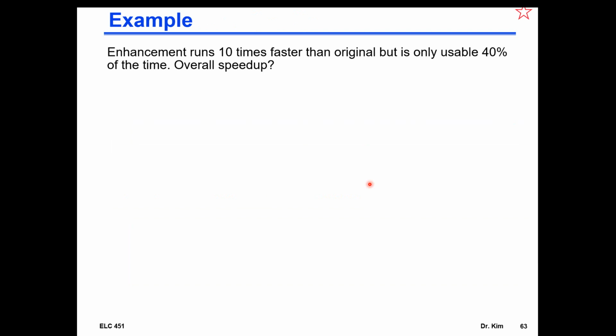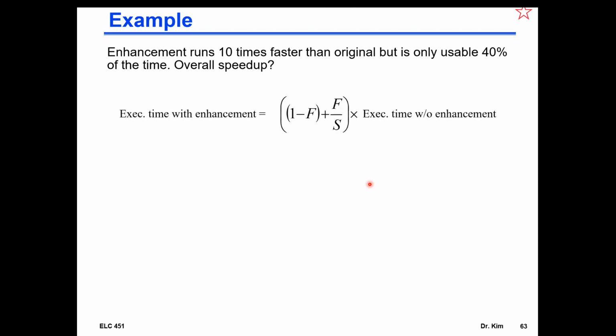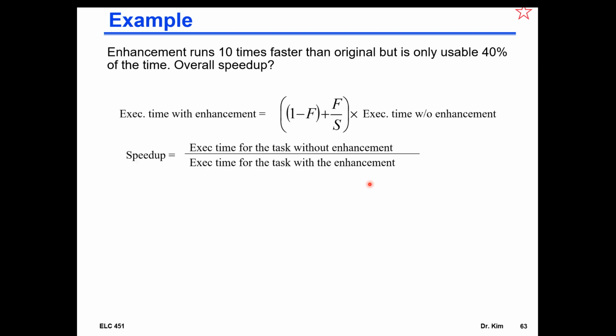So some examples related to Amdahl's Law. Let's say that an enhancement runs 10 times faster than the original, but is only usable 40% of the time. What is the overall speedup of the system? Remember the relationships, okay?